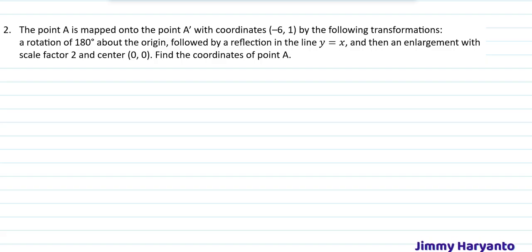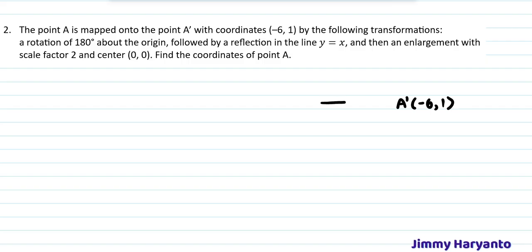Okay, the next is the point A mapped onto the point A prime with the coordinates of negative 6, 1 by the following transformations. Okay, so in this question, the given information is the image, so we have to do it in the reverse direction. A prime is already given, which is negative 6, 1.